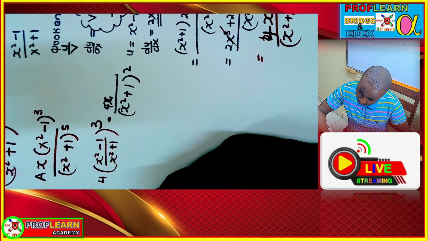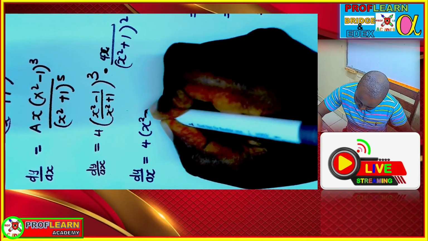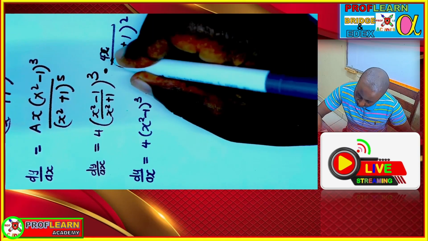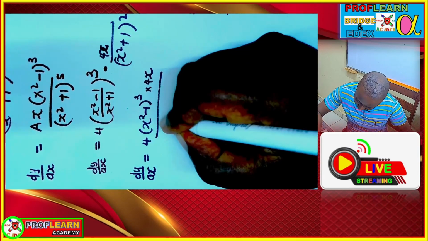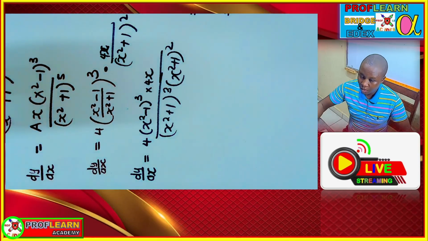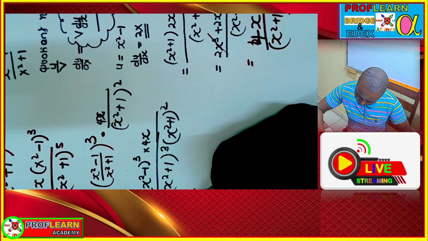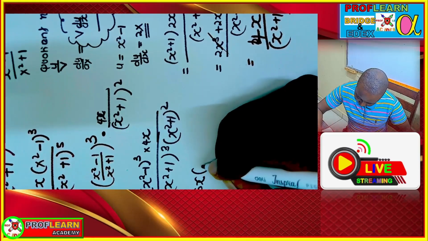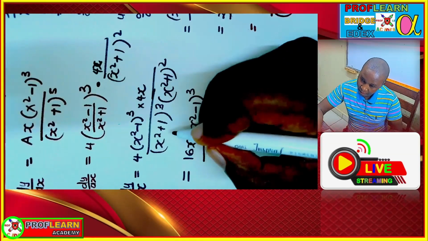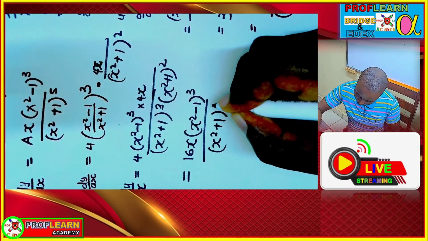It can simplify to dy/dx equals 4 into (x squared minus 1) raised to power 3, times 4x, divided by (x squared plus 1) raised to power 3 into (x squared plus 1) raised to power 2, which means that this equation finally will be 16x into bracket (x squared minus 1) raised to power 3 divided by these terms, which are the same, so we add the powers, so it will be (x squared plus 1) raised to power 5.